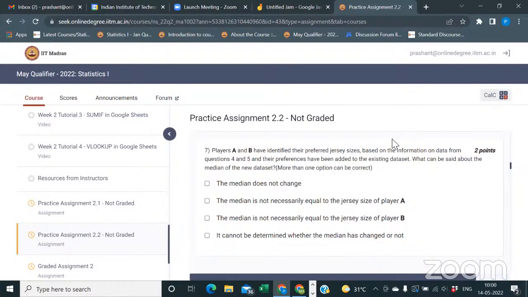Player B knows that the 22nd size jersey is the fit for him. So 22nd is the median, and that is the size for player B. Then if you add jersey numbers for all the 45 students, the median will not be changed.